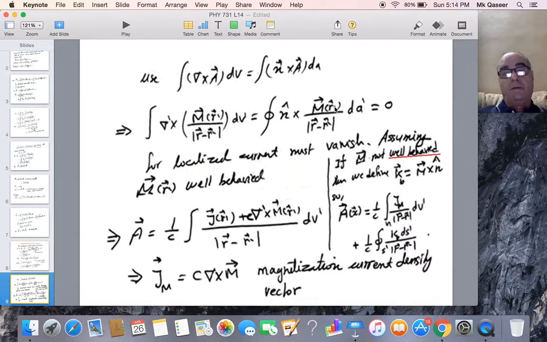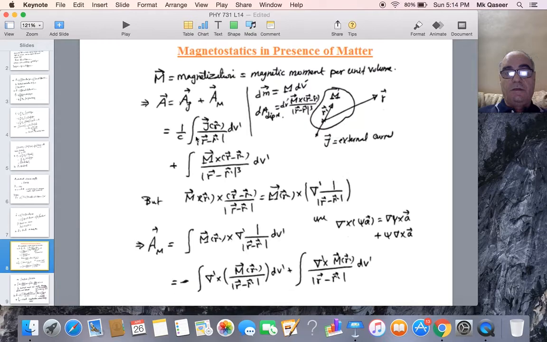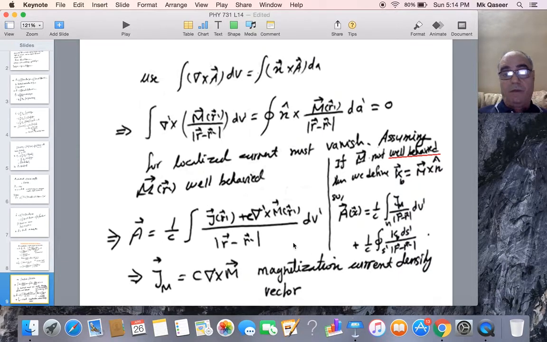If M is not a well-behaved function, we can convert this into a surface integral, and then we can define what's called K sub b, which in this case is M cross n. So we are left now with two things, the first term, and this is the second term, the contribution from the magnetization M. This is for A.